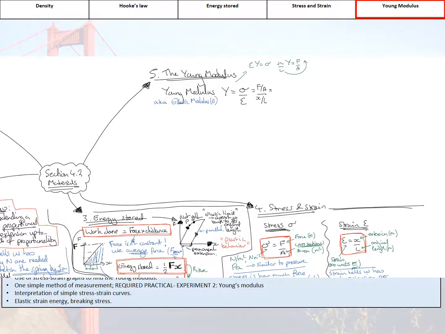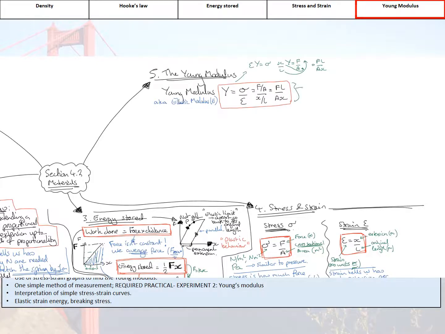Bring up the L to the top and take the x down underneath, giving us FL over AX. Or flax, as I was taught it at school.